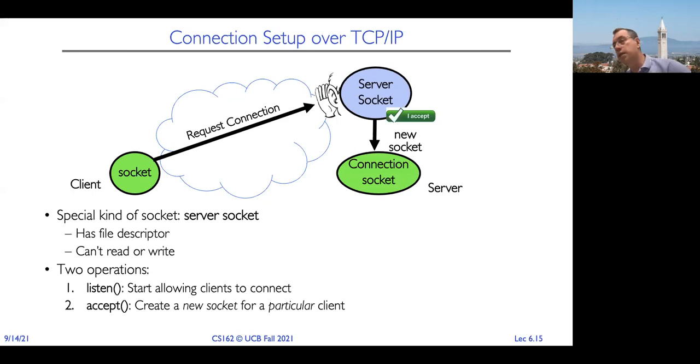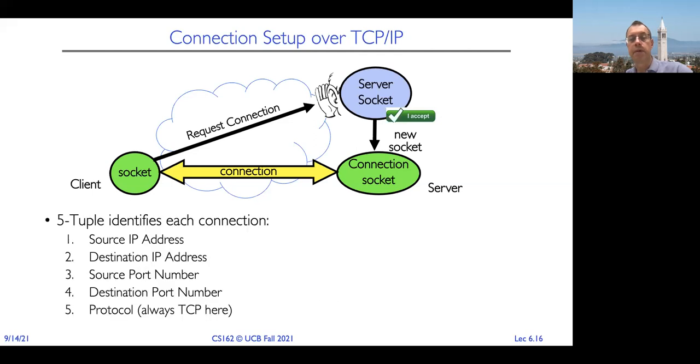This socket can be in a different process or in a different thread in the same process. We'll see that. Okay, so now you have a connection socket for this client, and you establish a connection between the client socket and a socket on the server side which is special for that client, right? So this is what happens.